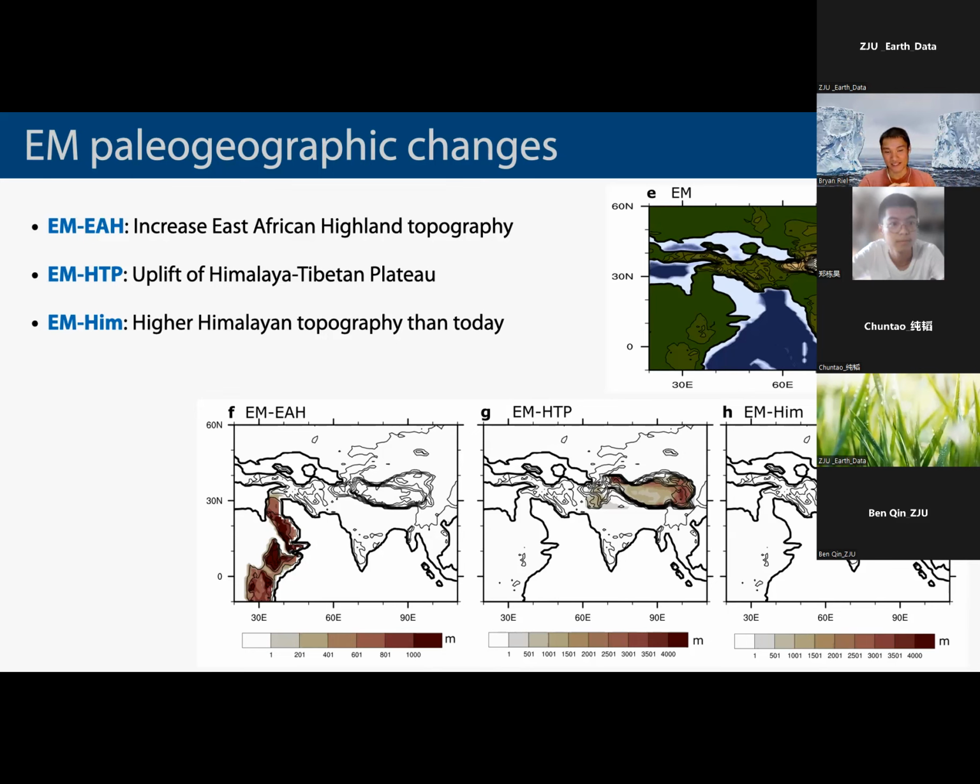So they wanted to see, does that actually play out if they simulate that in the early Miocene? There are 3 simulations: increase of the East African highlands, similar to what they looked at in the late Miocene, uplift of the Himalaya Tibetan Plateau, and then taking the Himalayan topography that it is today and increasing it a little bit more just to see what the effect is.